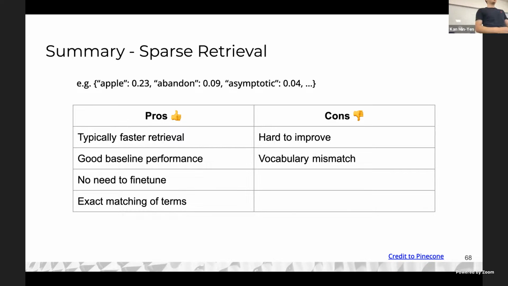Of course, you can think of ways to use, for example, synonym dictionaries to do augmentation or expansion, but it just doesn't go with today's trend of using large models or language models in general to capture the similarity of the semantics.